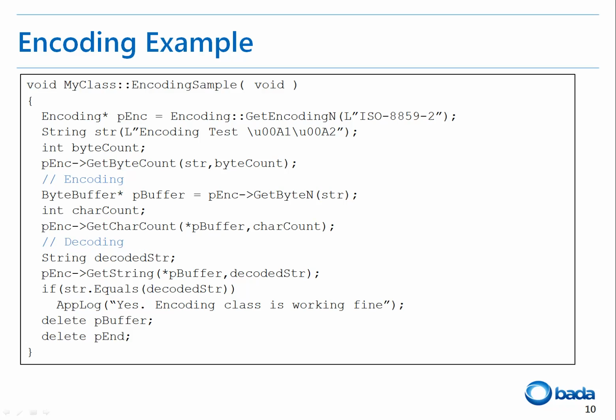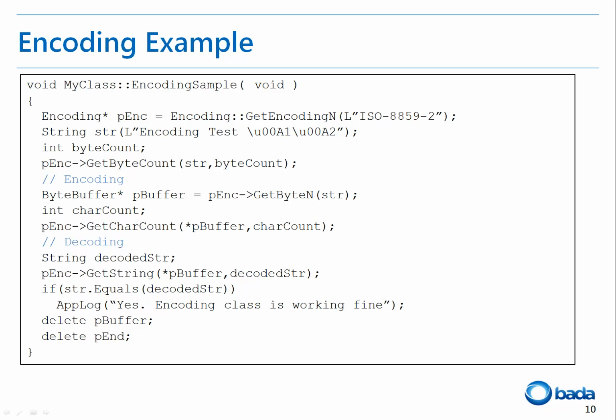First, I get the ISO 8859-2 encoding object by calling the getEncodingN static function of the encoding class. To test this encoding class, I created a Unicode string. The getByteCount function is used to get the number of bytes required to encode the Unicode string.